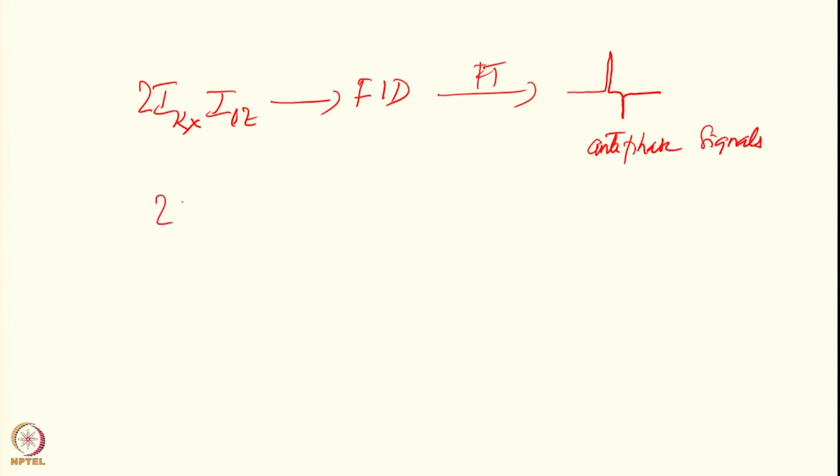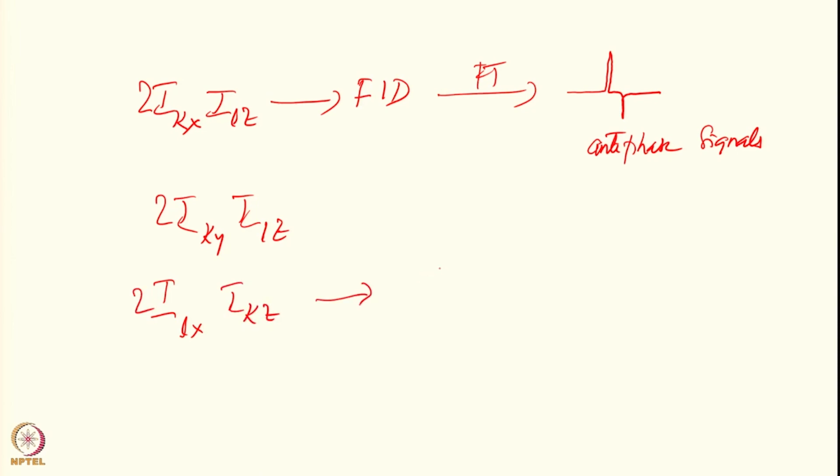The same will apply for 2IKY ILZ as well. Or suppose I take ILX IKZ, suppose I take 2ILX IKZ. What does this mean?